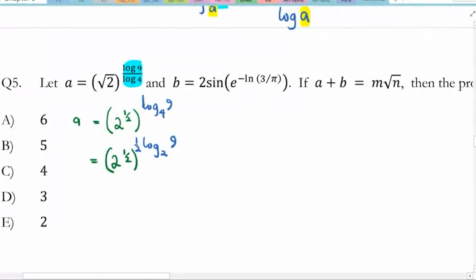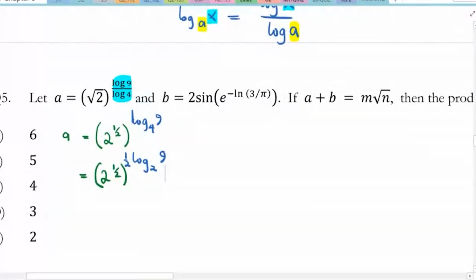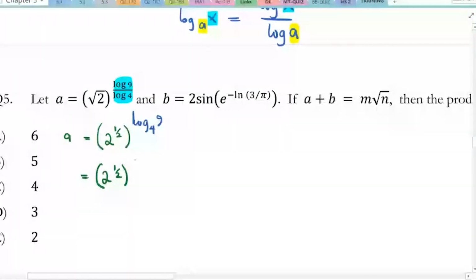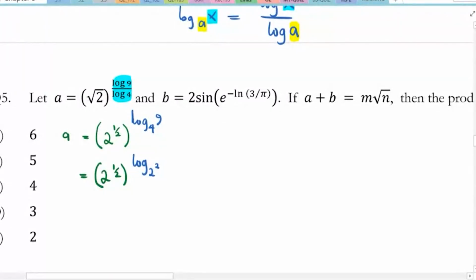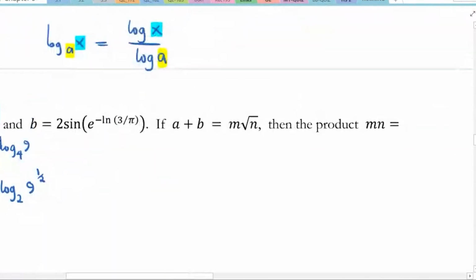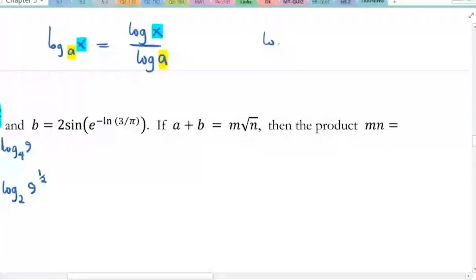Some of you may ask how I obtained this one. Let me explain it better. We have log base 2 and the power is 2, right? So this power of 2 you can move to the argument, where it becomes 1 over 2. Always the reciprocal.